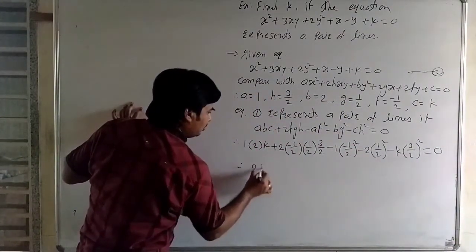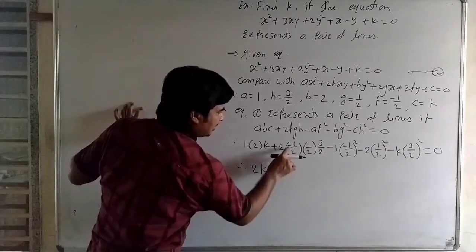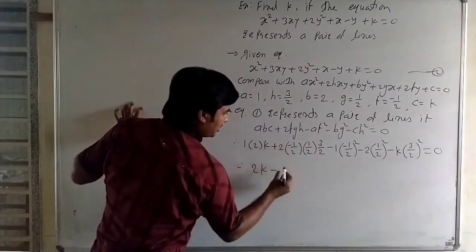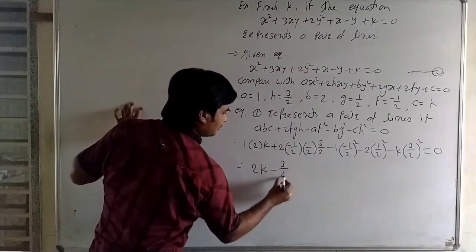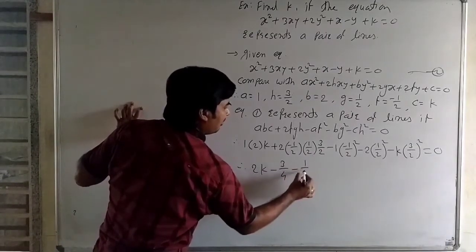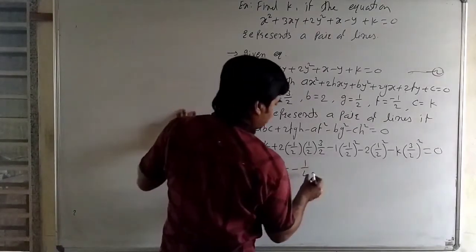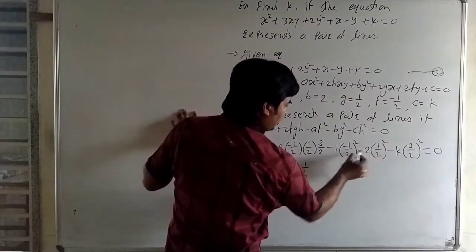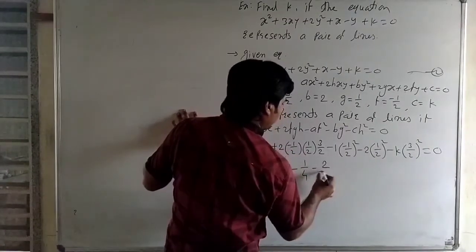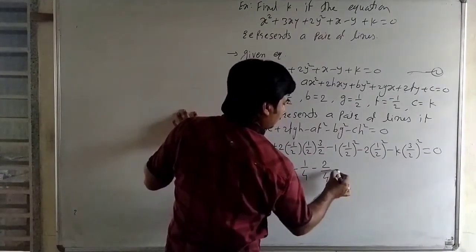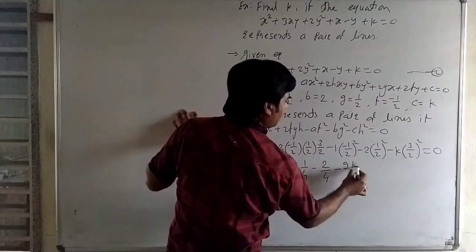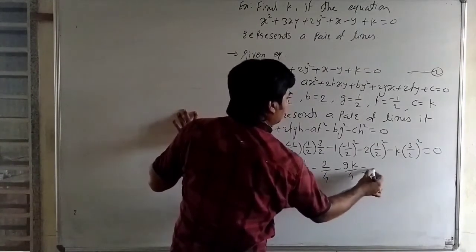It is 2k minus, it is 1 minus, okay, 2 to get cancel, it is 3 by 4 minus 1 by 4, okay. Then again here 1 by 4 and it is 2, therefore minus it is 2 by 4 minus 9k by 4 is equal to 0.